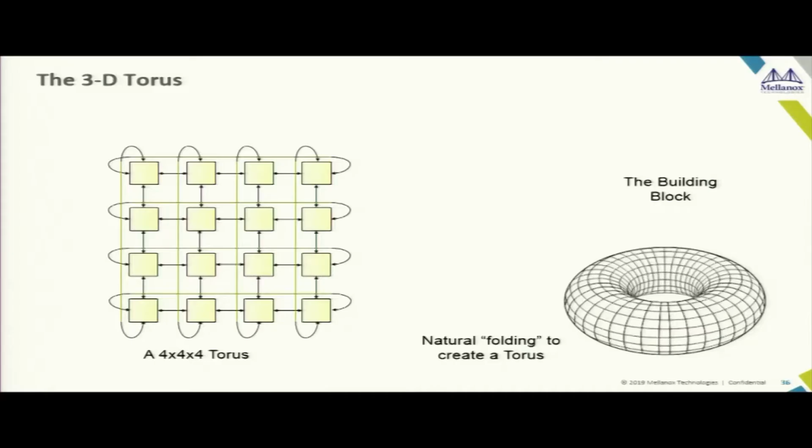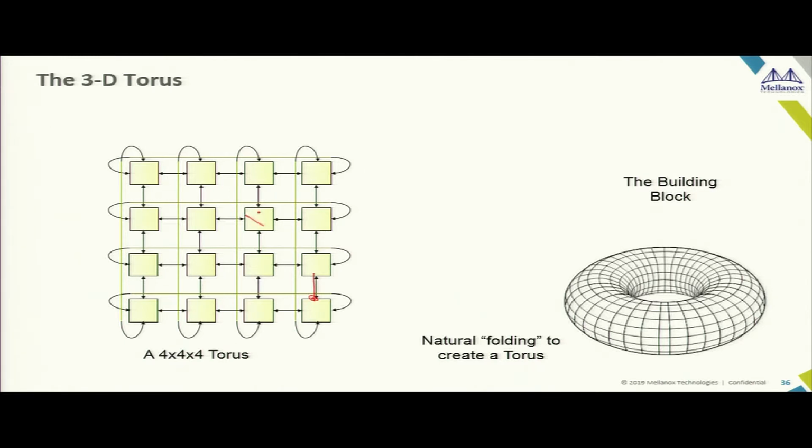I'll give you a small example of how that is constructed. The building block, every square over here, is that switching silicon that we talked about. This switching silicon has certain ports which connect it to its nearest neighbors, like this.